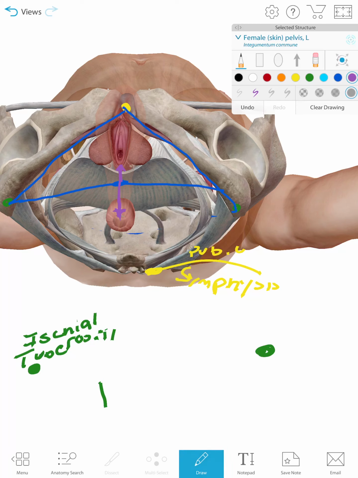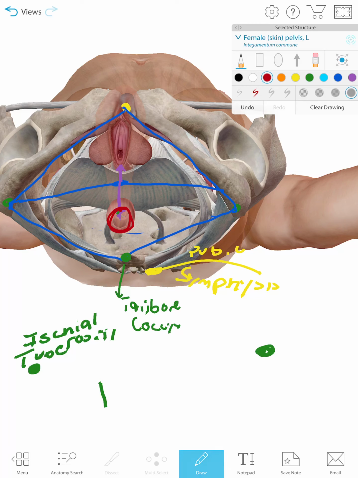I'm going to do another triangle from the ischial tuberosities to this tailbone right over here, right? This tailbone is also known as the coccyx, right? This is the last vertebra from last semester. And this contains the anal orifice, which is over here, right?